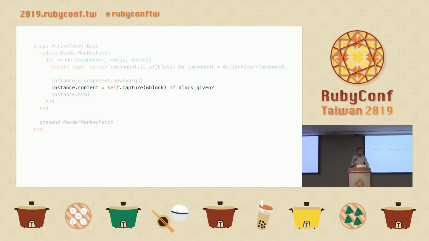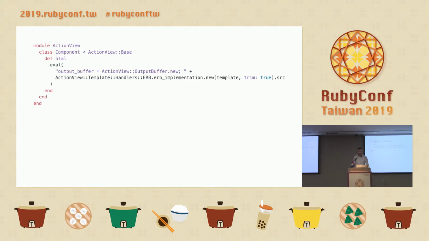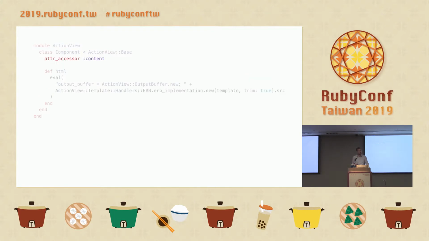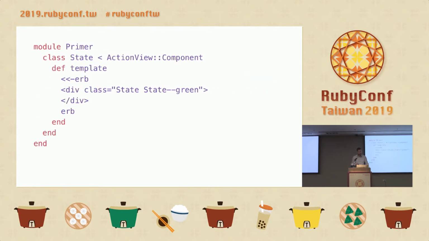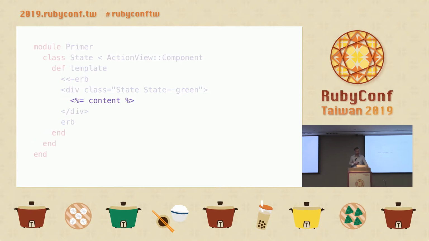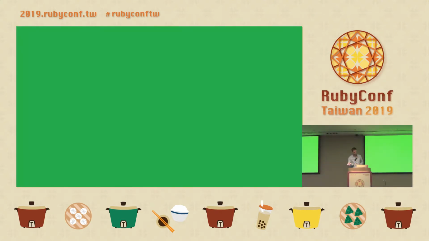At that point, our component will know about the content, so we can render it. So since we're expecting all components to now have a content accessor, we can go back to ActionView::Component and declare it there. Then it's just a matter of taking our component and updating the template to render the value of the content accessor. So let's check our test, and we're green.